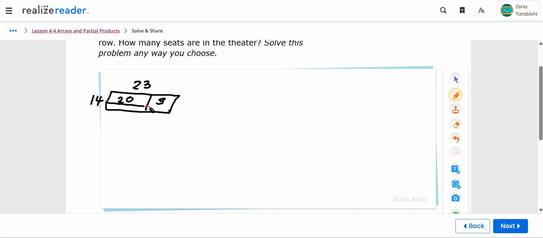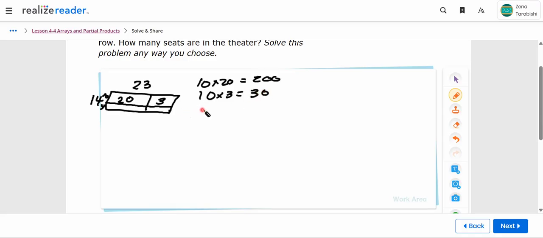One of the ways that I like to do that is by breaking this into 10 here and then 4 here. So now I could do 10 times 20, and that will give me 200. And then I can do 10 times 3. Again, we're just using partial products, which will give me 30.